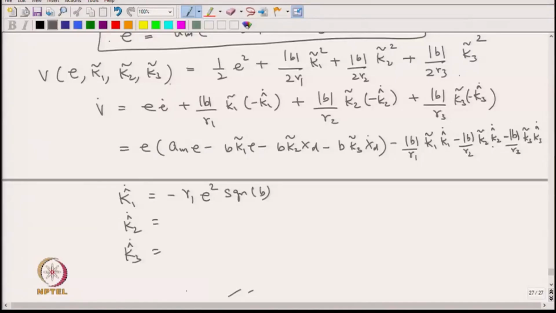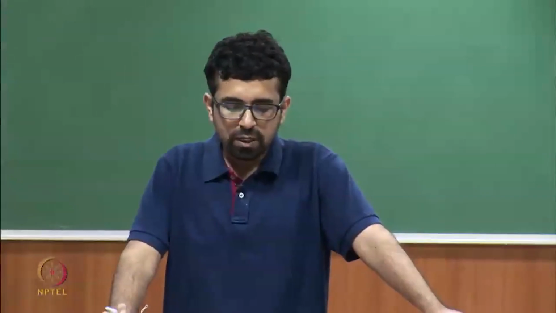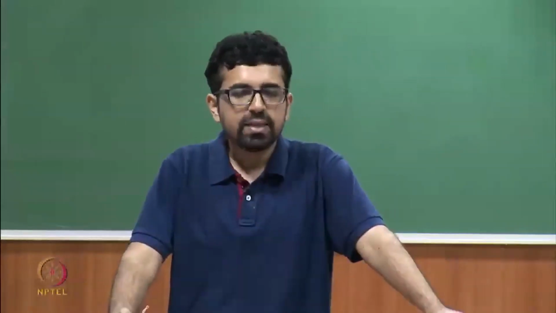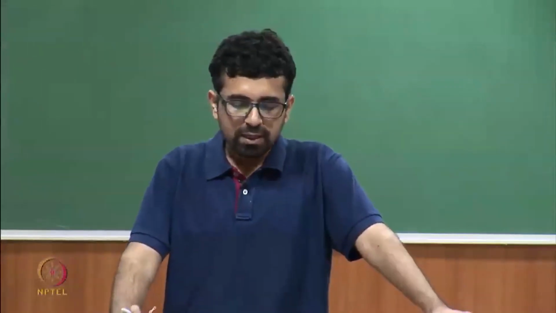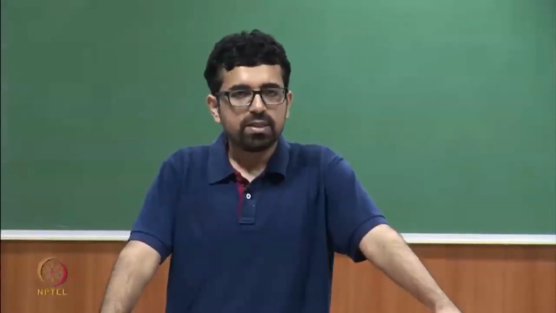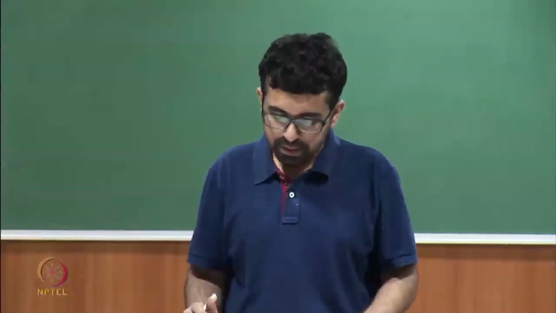Then we want to choose k2 hat dot in such a way that we could cancel this term. Again, why we are cancelling this term is because these are not really needed in the Lyapunov derivative. We want to have terms which are sign definite and preferably negative, so that we can take care of them. The signs of these terms which we want to cancel are not really known, because they depend on these error states and the desired trajectories, which vary with time, and their signs also may vary.